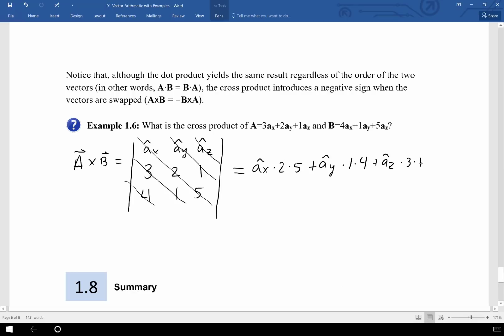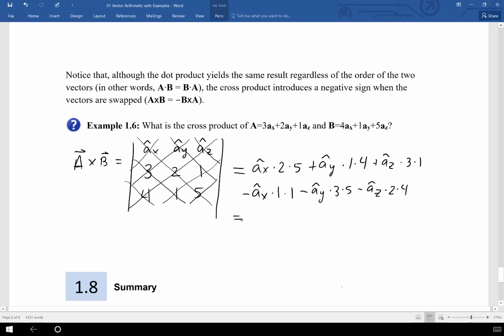Then I have to do the 3 negative leaning diagonals. So I have this one, which goes off there and then comes down here. So this is minus a sub x times 1 times 1. And then I'm going to have minus a sub y times 3 times 5, and then the last one is easy, minus a sub z times 2 times 4.